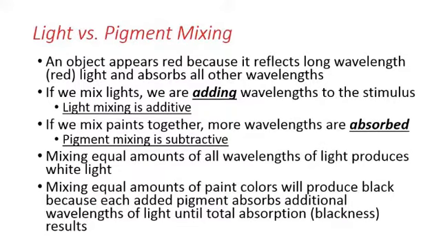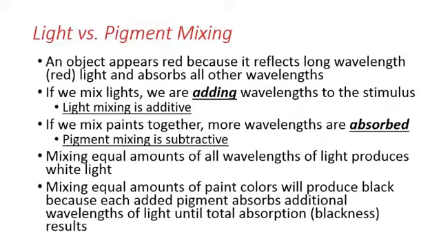We also have to consider how light and pigment are mixed together, because they actually operate differently. An object appears red because it reflects long wavelength or red light, and it absorbs all other wavelengths. And if we mix light, we're actually adding wavelengths together to the stimulus. So light mixing is additive.